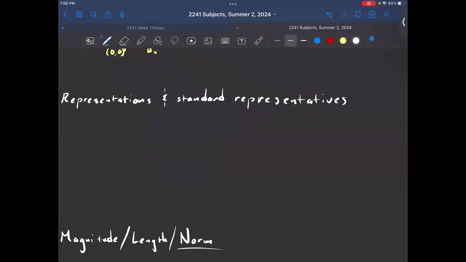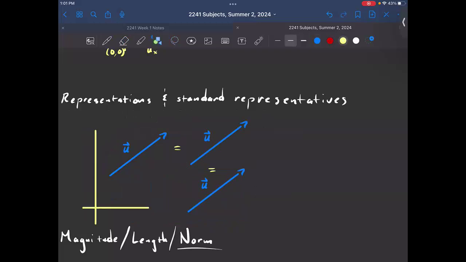This is what I was talking about. We have the vector that I want in blue. I call it u again. And if I copy and paste this into various places in space, these are all considered the same vector, even though they're placed in different spots with an xy coordinate system drawn in.